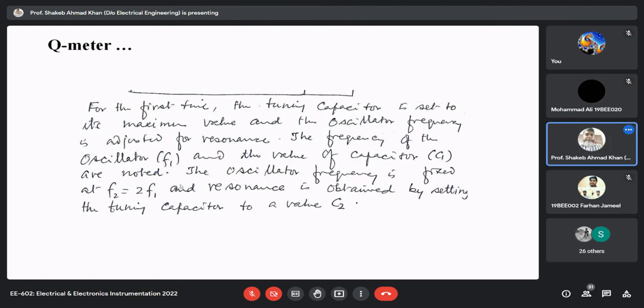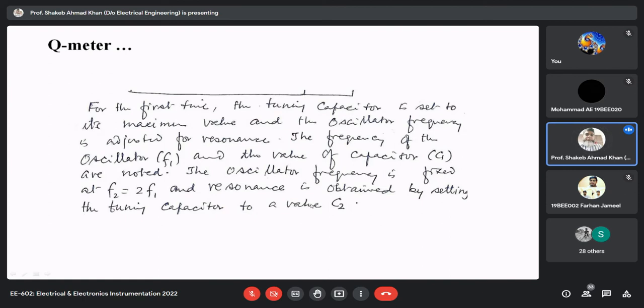This time we obtain resonance by varying the capacitance, and suppose this is C2. When we have doubled the frequency of the excitation, resonance is achieved at another value of the capacitance, C2.